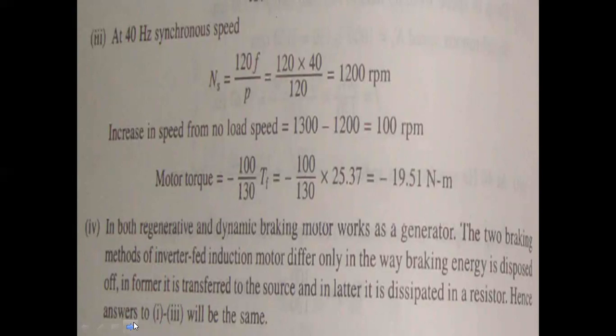All the torque answers and all the speed and frequency answers will be the same for 2 and 3. So you have to write that only the energy dissipation will differ, and the remaining circuit and the motor acting as a generator will be the same. The inverter will be feeding back the energy to the source.